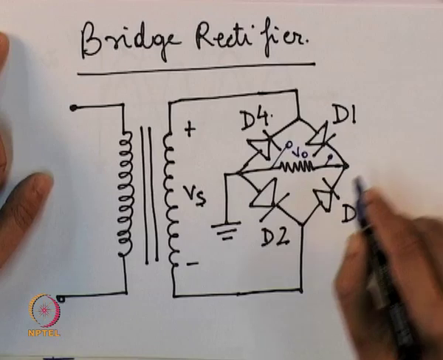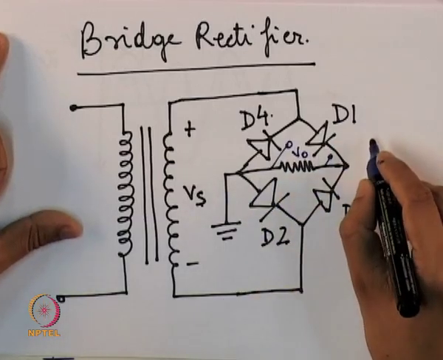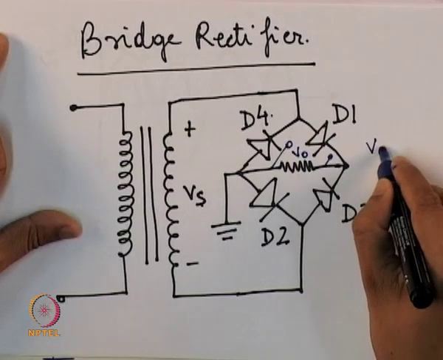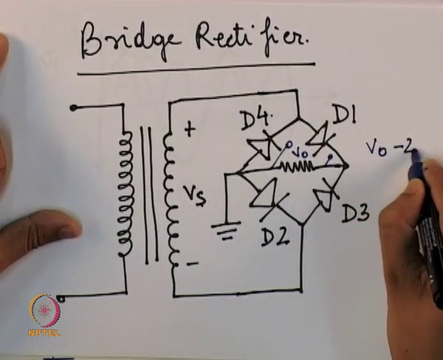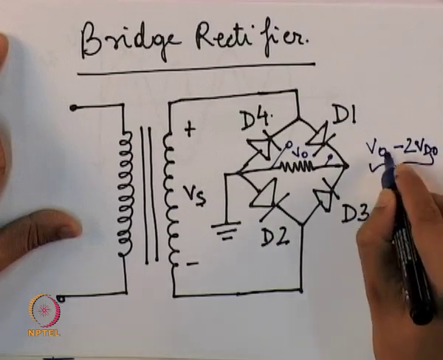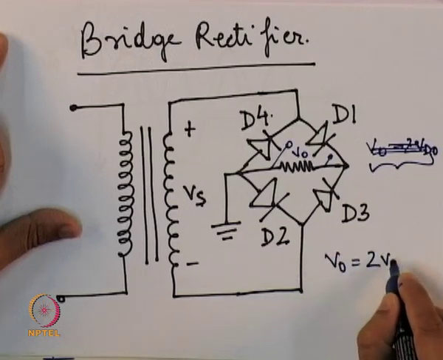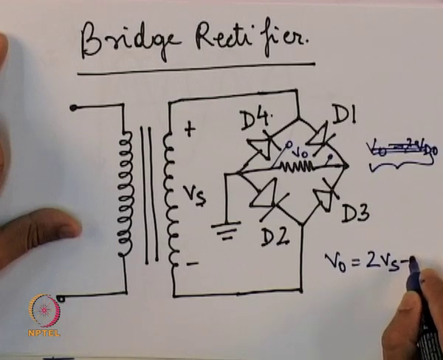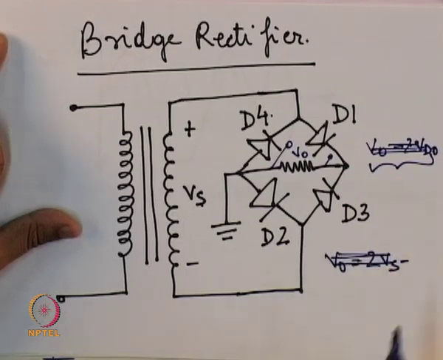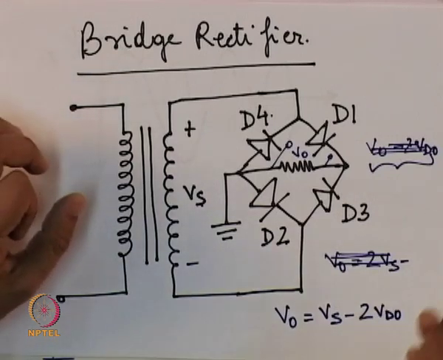So, we have V0 equal to Vs minus 2 VD0. Sorry, I just want to correct it. Yeah, just note this correction.